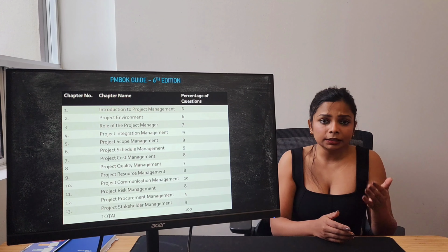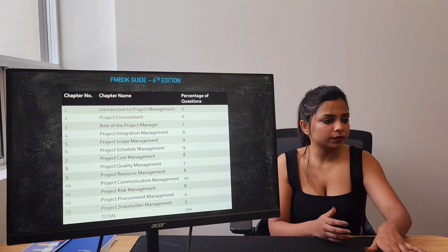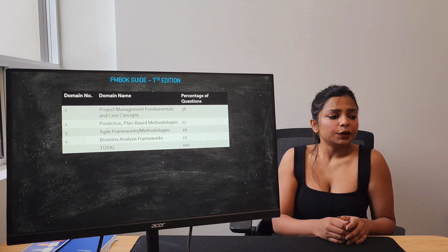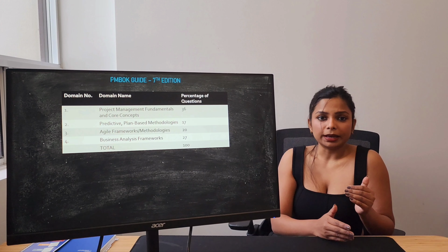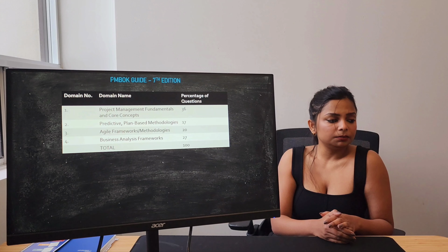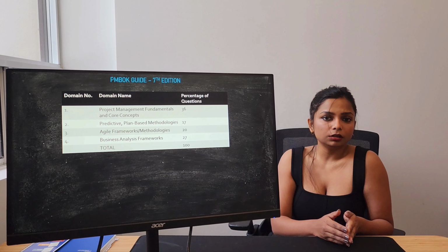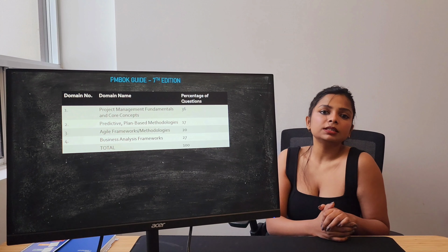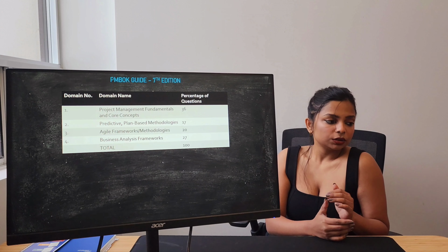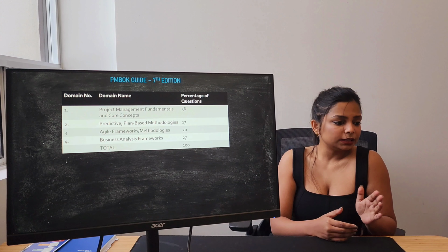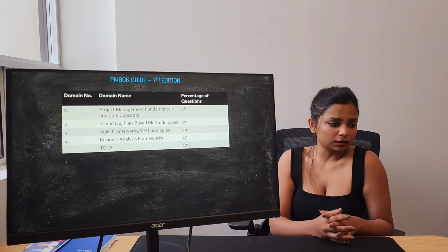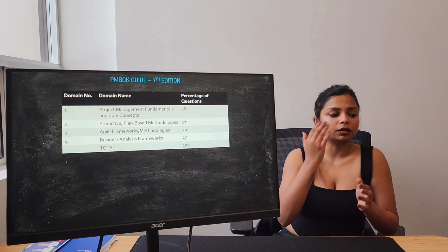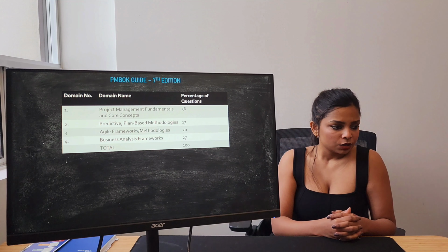Now, in the new edition of the PMBOK, there are only 4 project domains. They have removed the concept of the knowledge areas and introduced this new concept called domain. There are in total 4 domains, and you can see the percentage of questions that will be in your exam from each of these domains.